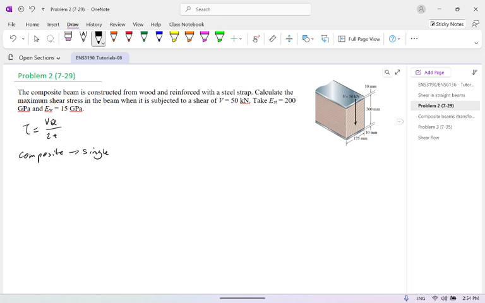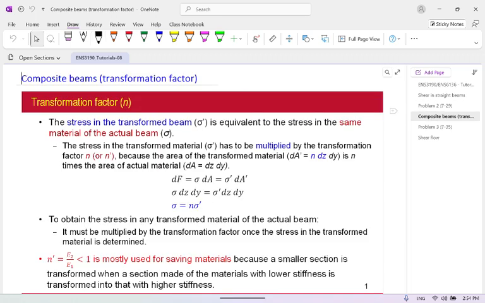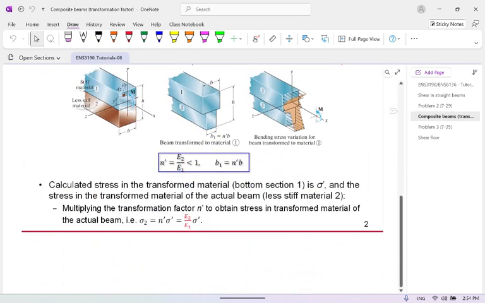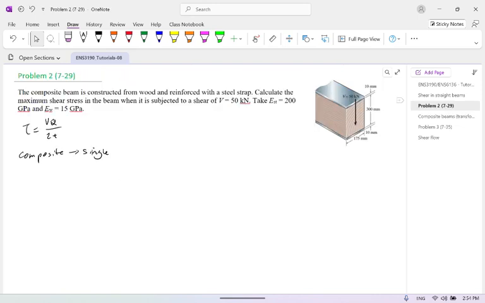As we mentioned in the last lecture, when we transform the material, we should consider the transformation factor. Hopefully you still understand. N is equal to the Young's modulus of the material to be transformed, divided by the Young's modulus of the material we transform into.